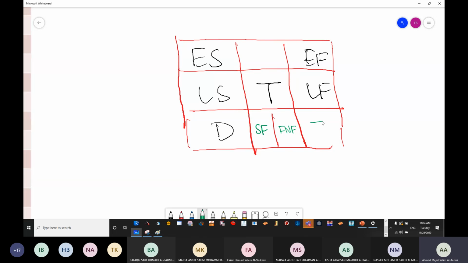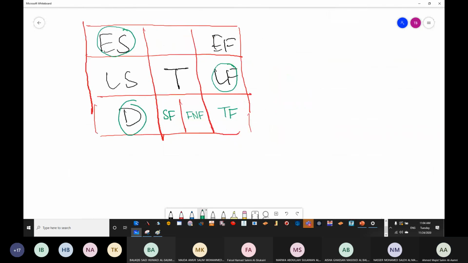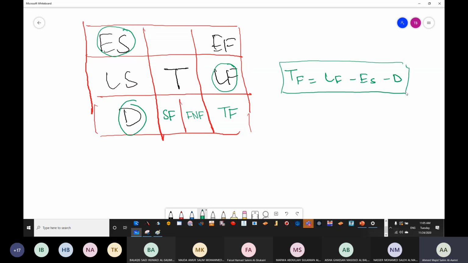And then the last one is going to be total float, which is equal to late finish minus early start minus duration, and we'll see why it is happening so. So to explain this particular equation, from where did we come up with it?